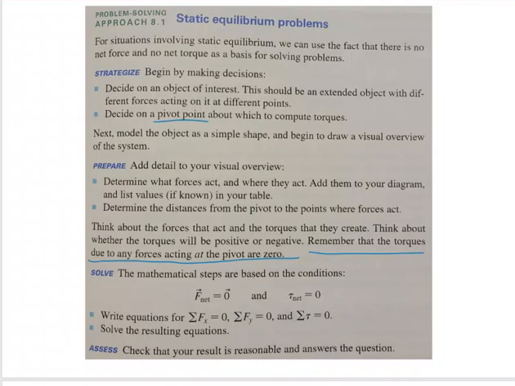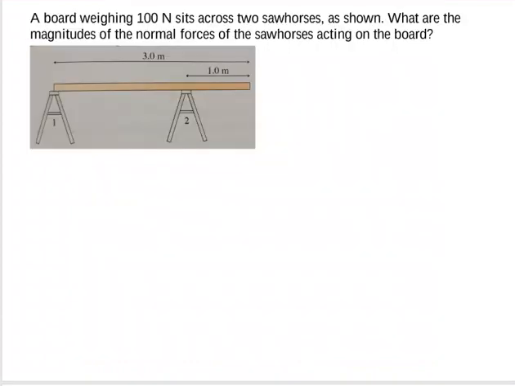The mathematical steps are based on these conditions: F net equals zero and torque net equals zero. So we write those equations for the sum of the forces and the sum of the torques, and then solve the resulting equations for whatever it is that you're missing. And then check to make sure that your result is reasonable. That last stuff is what we've been doing all semester long.